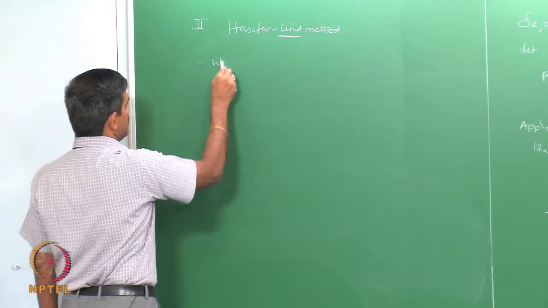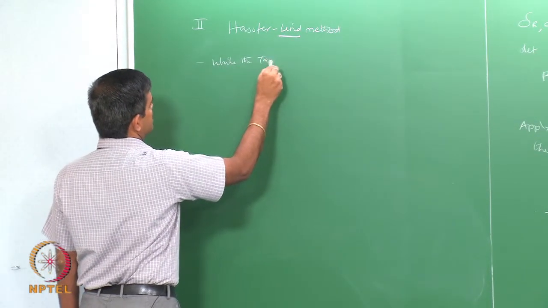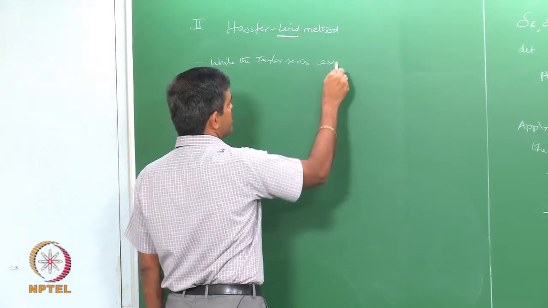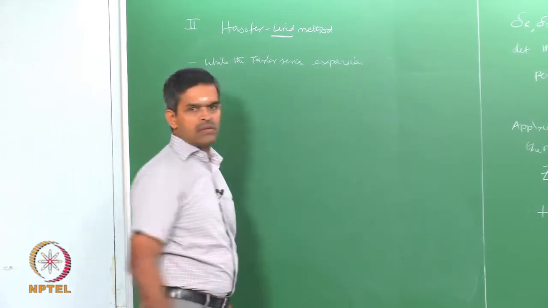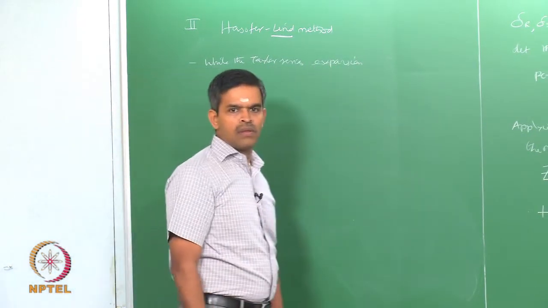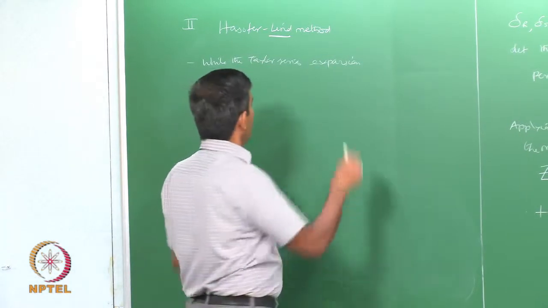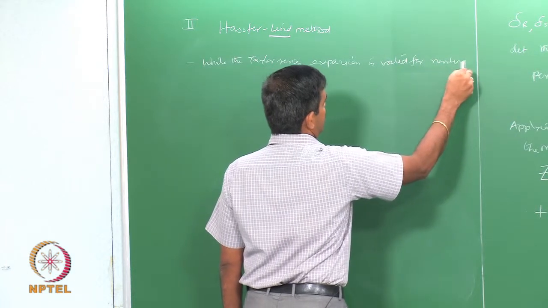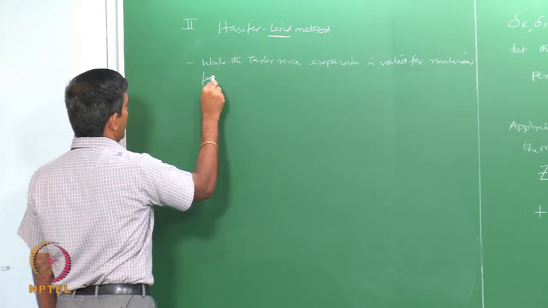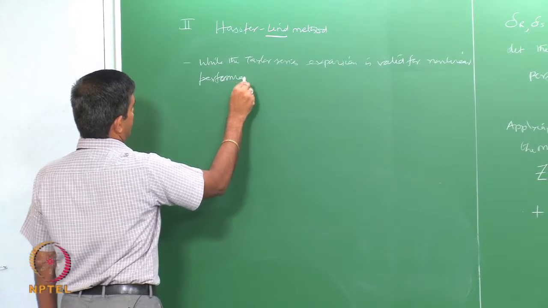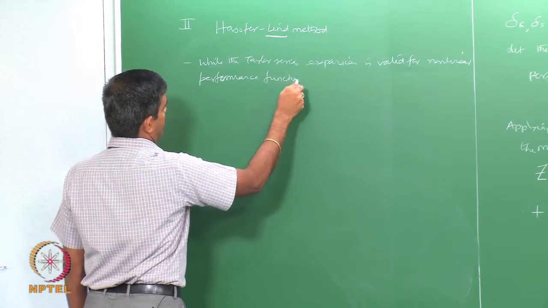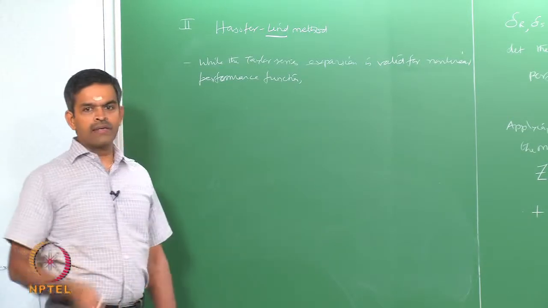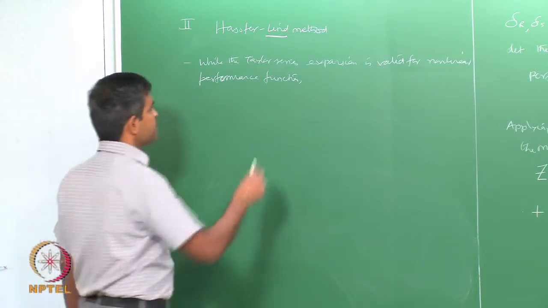Interestingly, while the Taylor series expansion is valid for nonlinear performance functions, the safety index cannot be directly related to the exact probability of failure. There is a problem here.